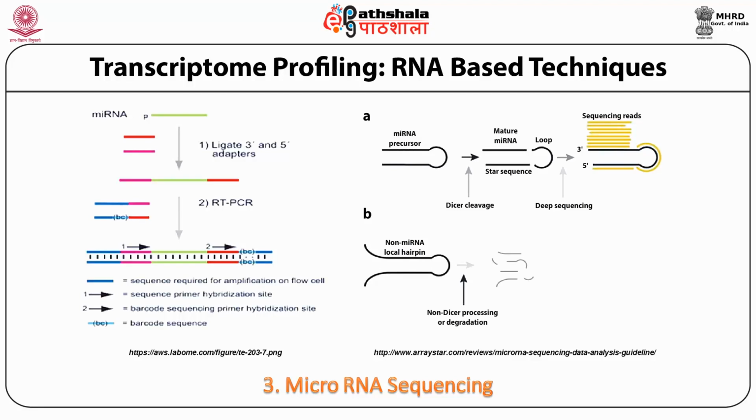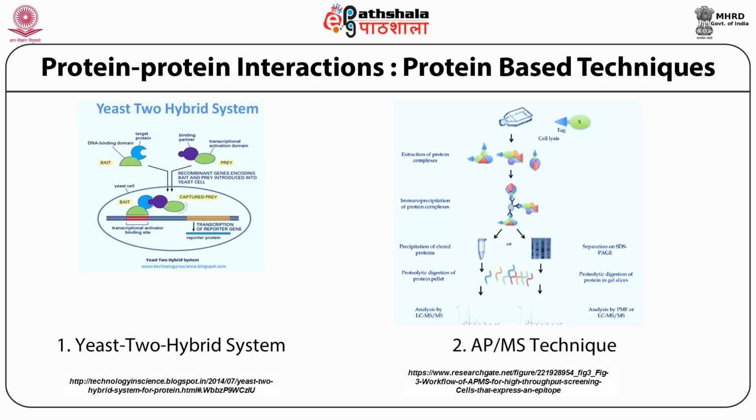The image on the right-hand side shows steps in analyzing the compatibility of sequenced RNAs with microRNA biogenesis. The protein-based methods employed in functional genomics mainly utilize protein-protein interactions. Most popular ones are the yeast-2 hybrid system and the affinity purification clubbed with mass spectroscopy technique, or APMS technique.